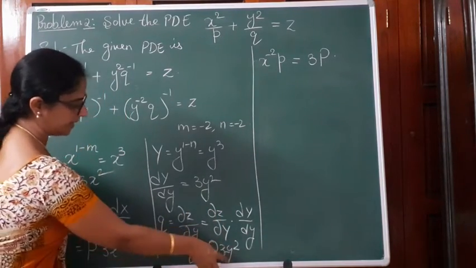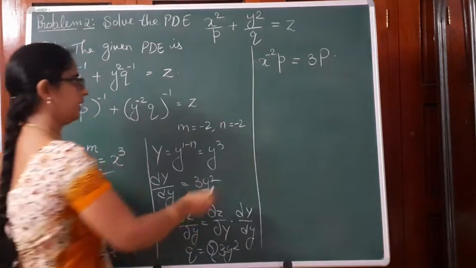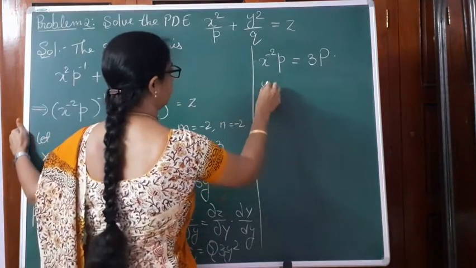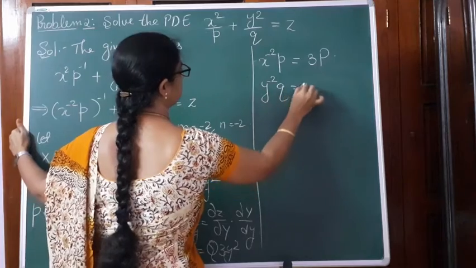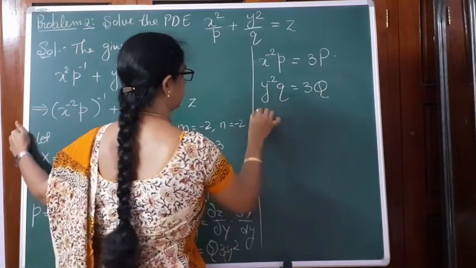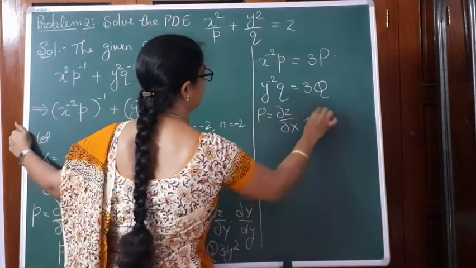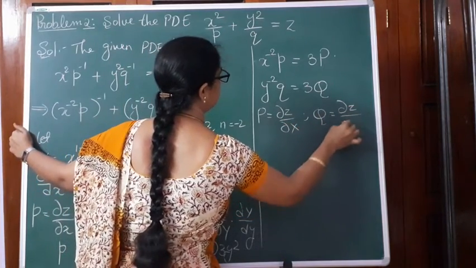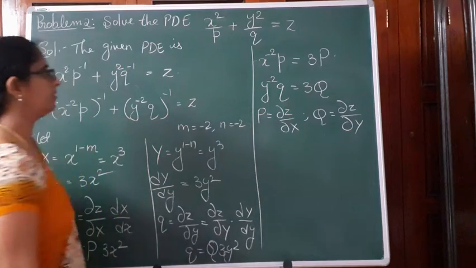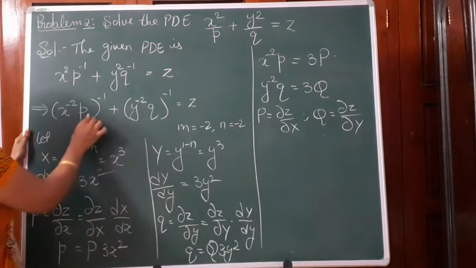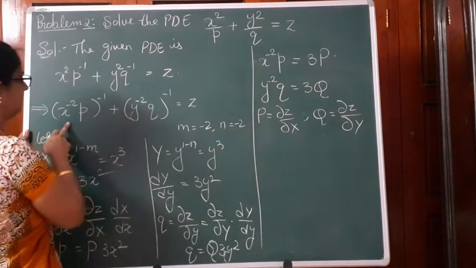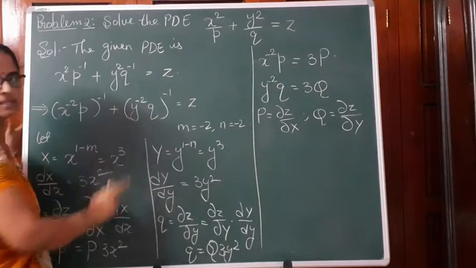Similarly, if you bring this y square towards the left hand side, we get y power minus 2 into q is equal to 3 into capital Q, where capital P is equal to dou z by dou capital X and capital Q is dou z by dou capital Y. Now what we do is, in place of x power minus 2 into p, we put 3P. y power minus 2 into q is 3Q.